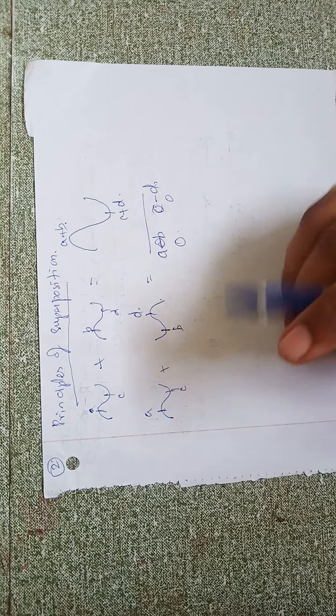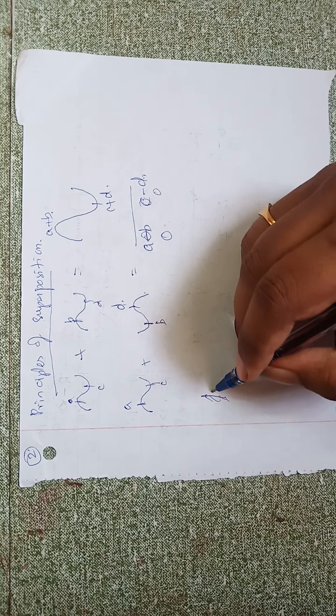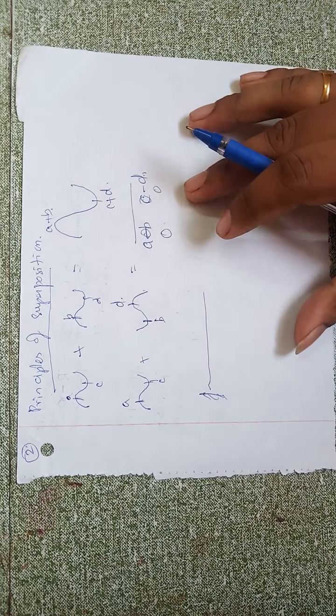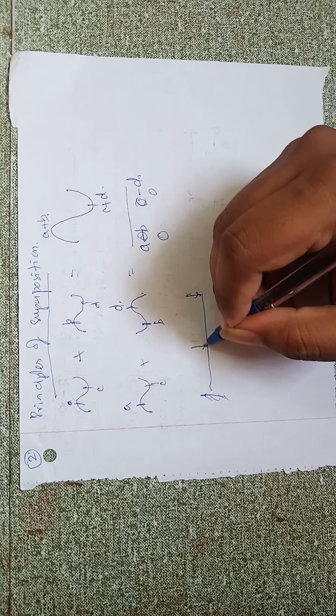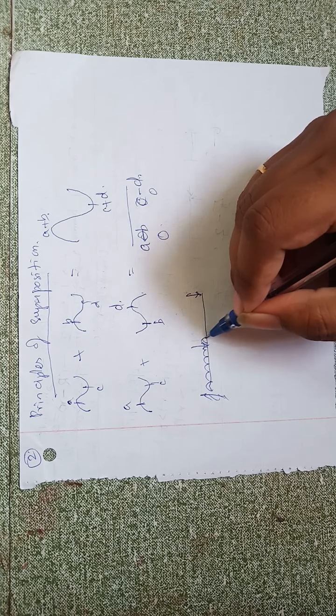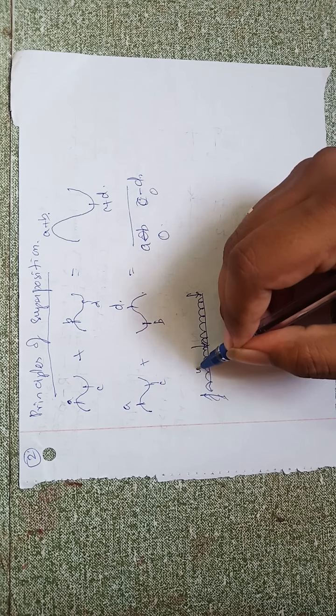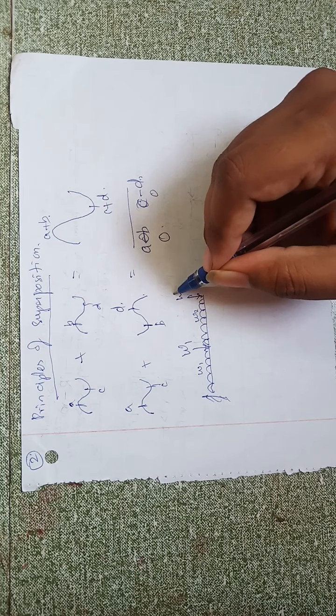Similarly, for example, if a cantilever beam is having different loads on the same beam, say here two point loads, and you have a UDL here and another UDL here. Here it is W1, W2, capital W1, capital W2.